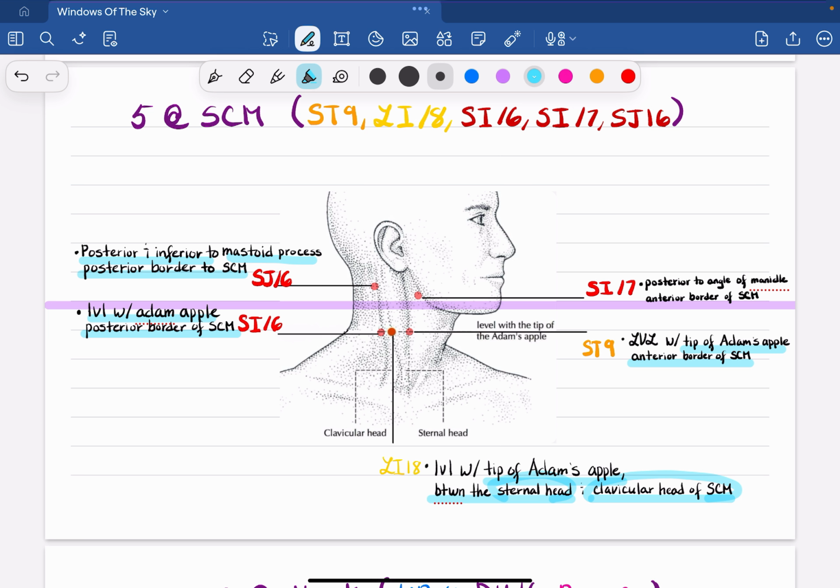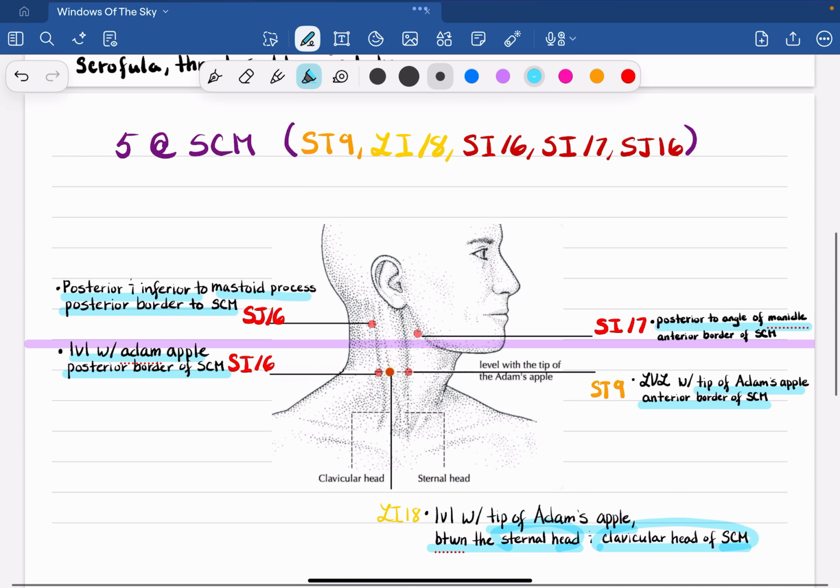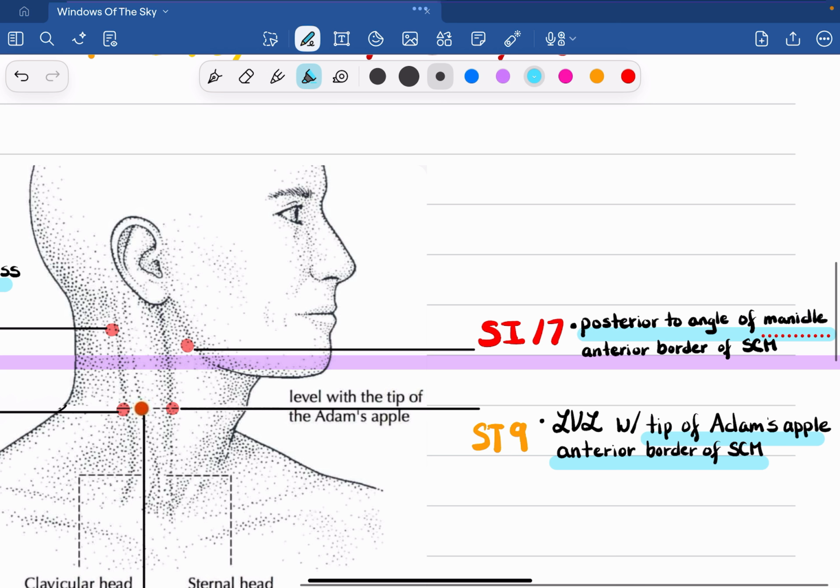And then after the SI 16, we have SI 17. Now here, this one is posterior to the angle of the mandible. So we know where the mandible is. It's right underneath your ear, but it's that jawline pivot point, the angle. You can think of it as the angle of the jawline for a man. That angle of the mandible, but it's anterior border of SCM.